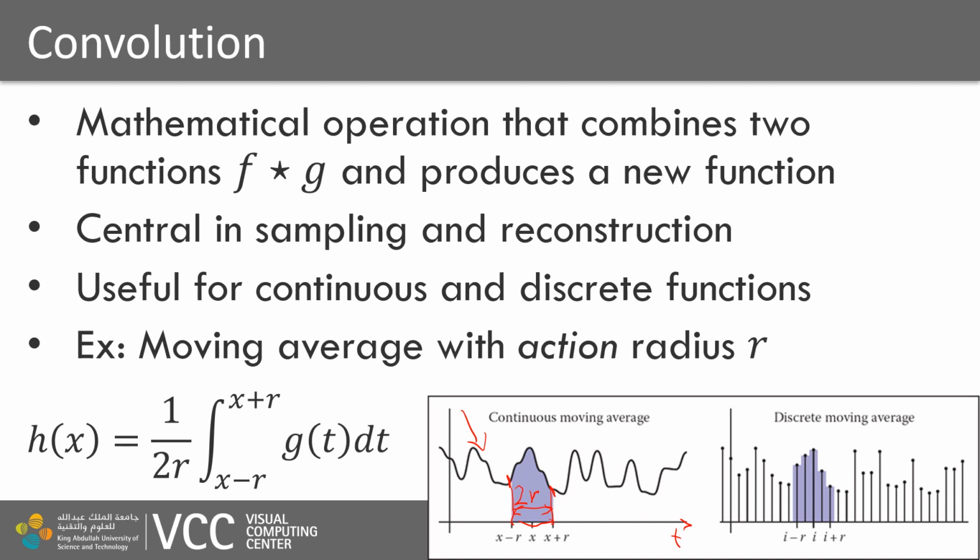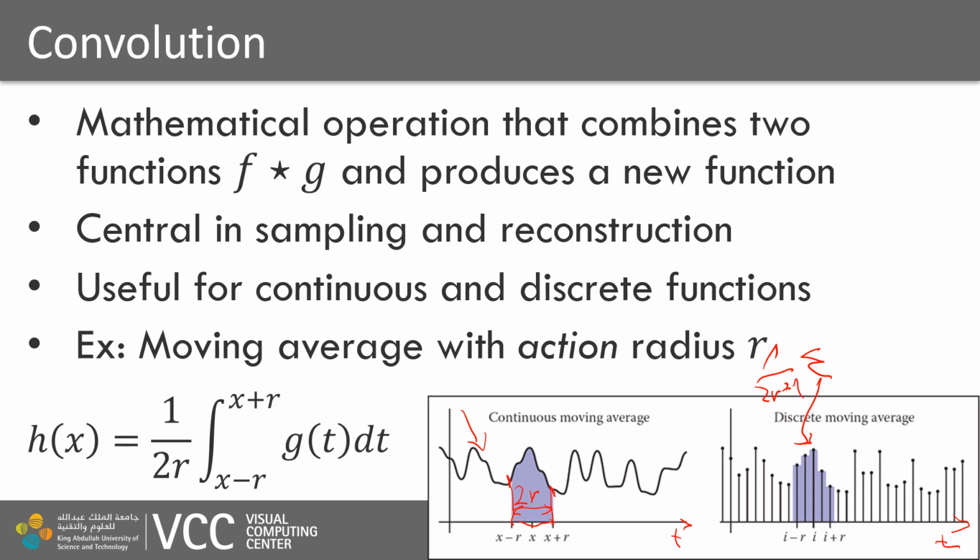On the discrete set of samples, we can see a similar example of a discrete moving average, where we are observing certain values within a certain range, which is again sampling over time, and we are summing up all these values together and then dividing by 1 divided by 2r plus 1.